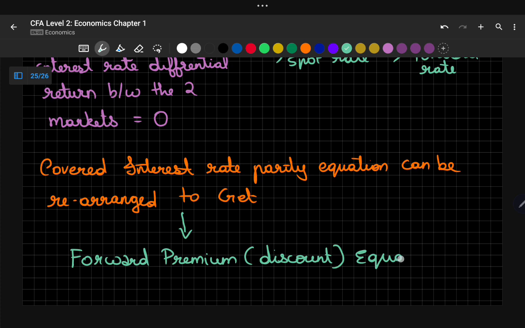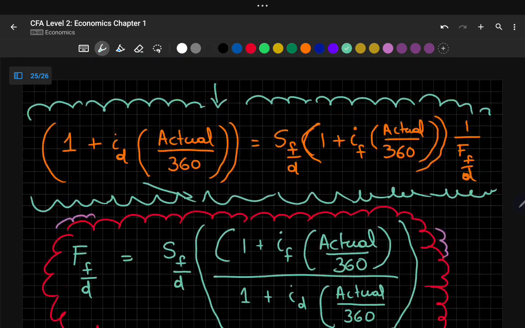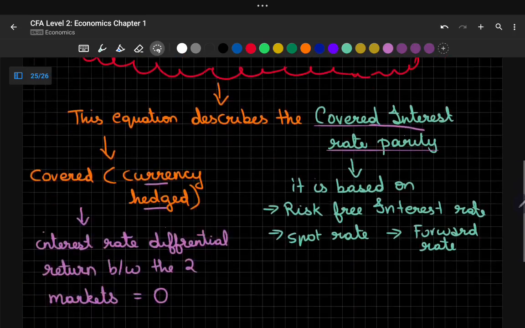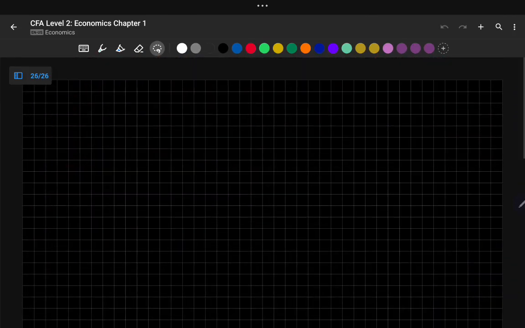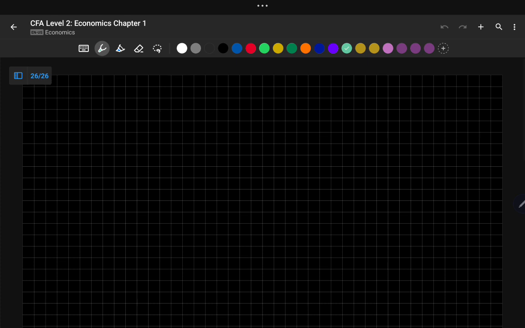The upcoming equation is also very important to study: the forward premium or discount equation. What is it? It would be a discount if the result from the equation is negative, a forward discount.